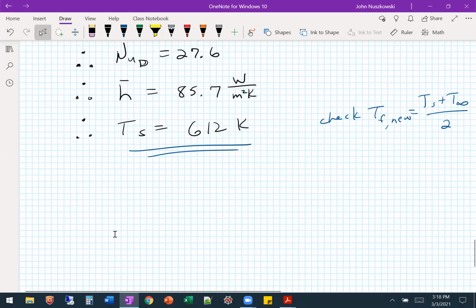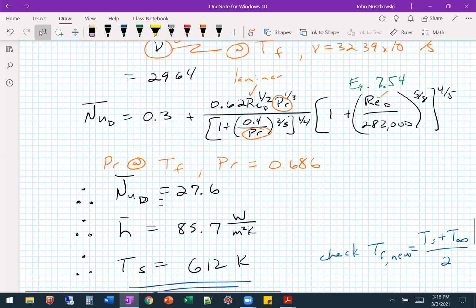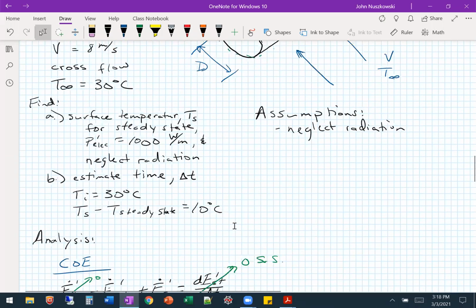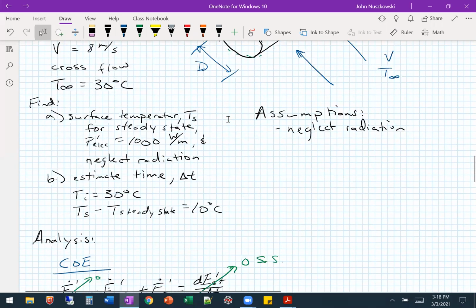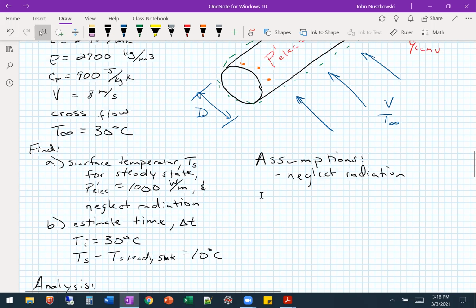All right, so then part B. It asks to estimate the time, delta T, if the initial temperature of the heating element is 30 degrees Celsius, and then all of a sudden the heater comes on, we have convection on it, and it wants to know how long it takes to get within 10 degrees of the steady state temperature.